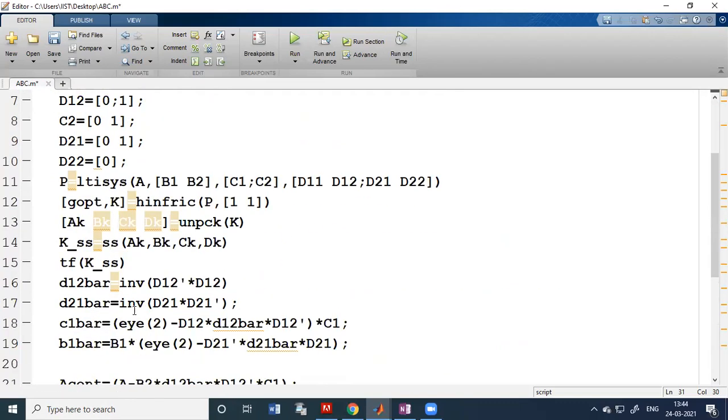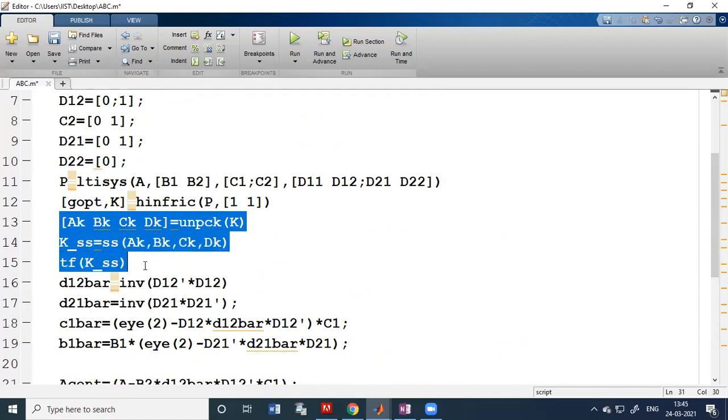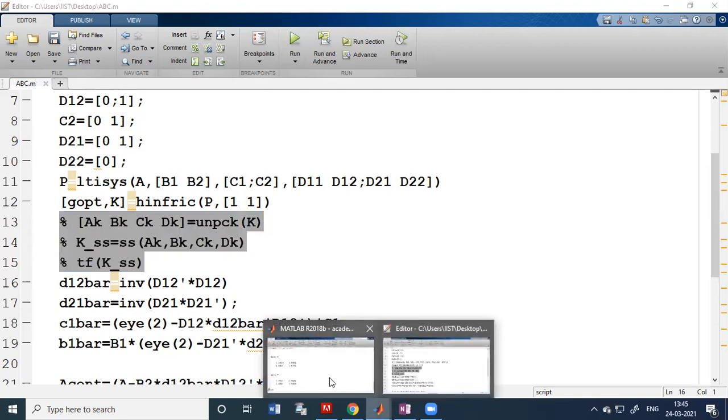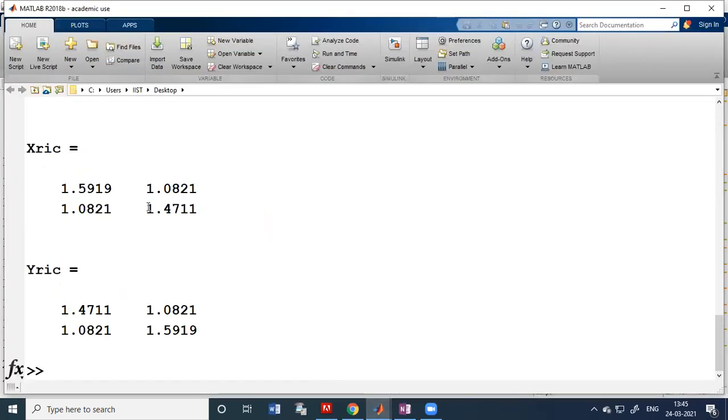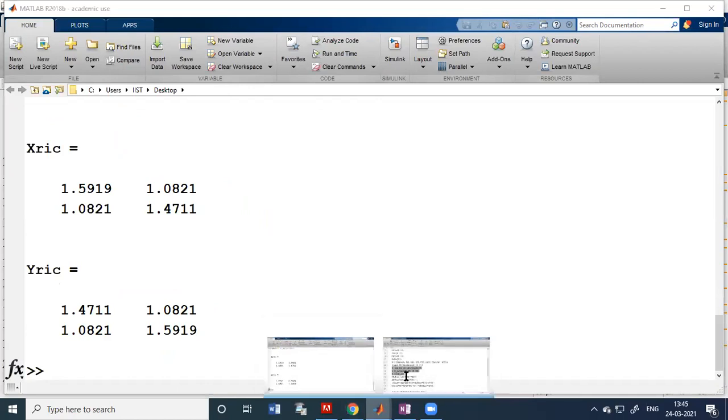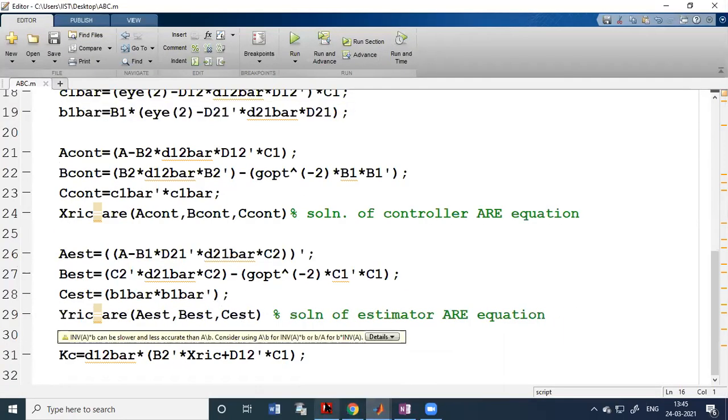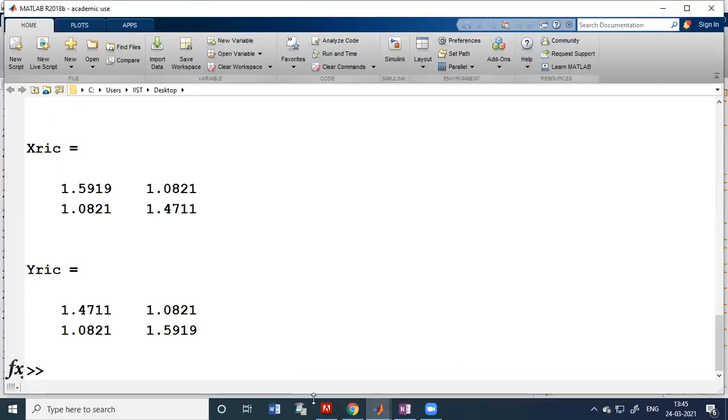This part anyway I will hide. We had already seen this much part. So let me hide this. That was from the MATLAB. Now we are trying to compute this. This was our solution from the Riccati equation for the controller and the Riccati equation for the estimator. Then what do we find? We found KC.